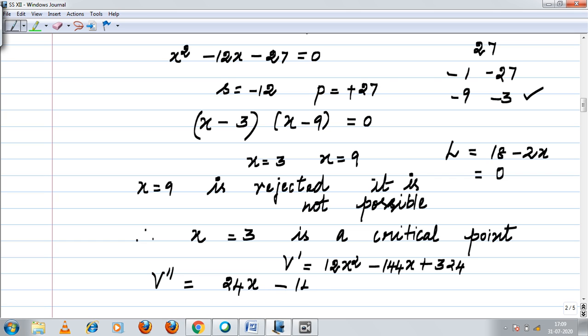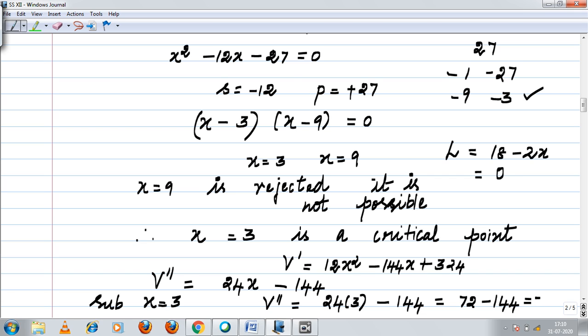Now V double dash equal to 24x minus 144. Now you have to substitute x is equal to 3, because V double dash alone decides the maximum or minimum. V double dash equal to 24 into 3 minus 144, which is 72 minus 144, equal to minus 72.